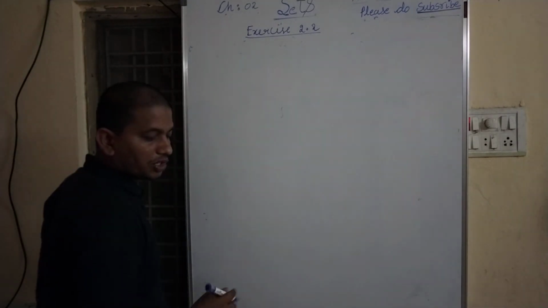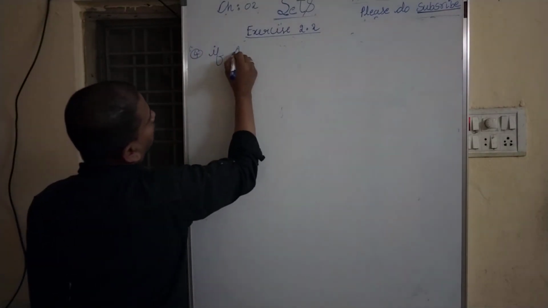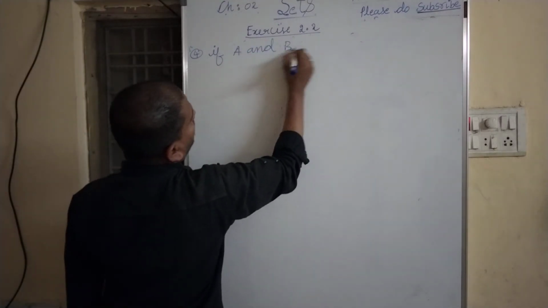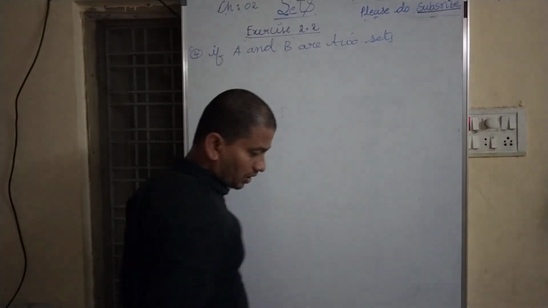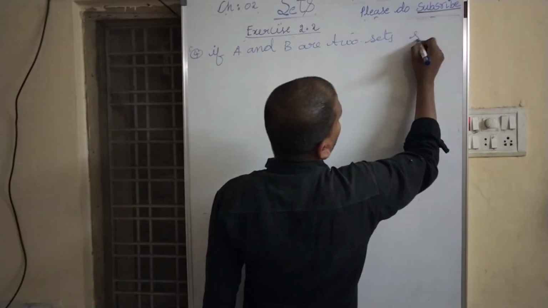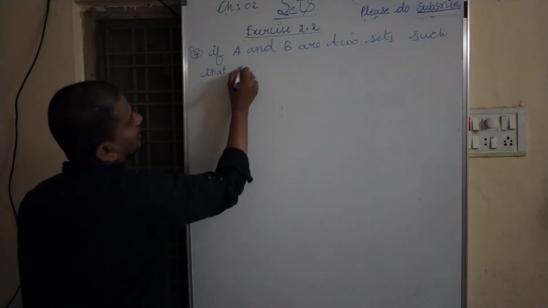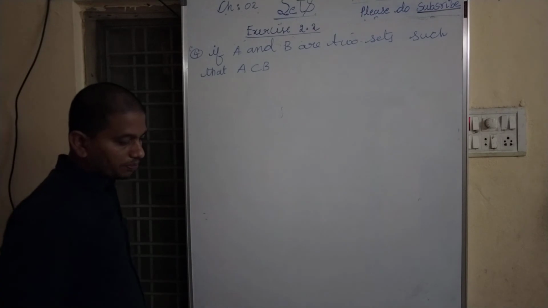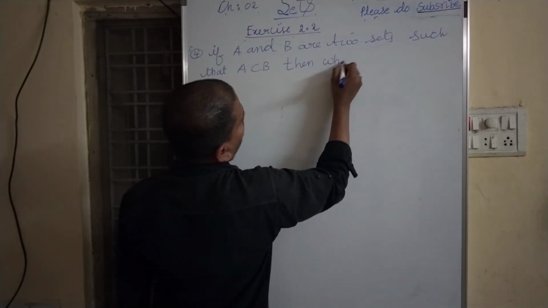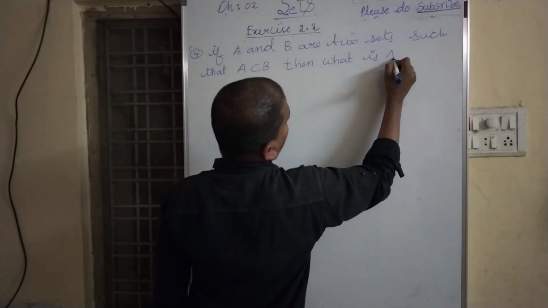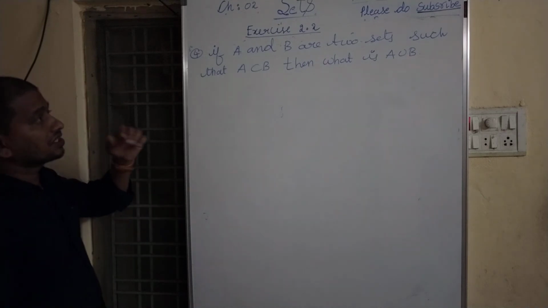See, if A and B are two sets such that A is a subset of B, then what is A union B? So what is the condition?